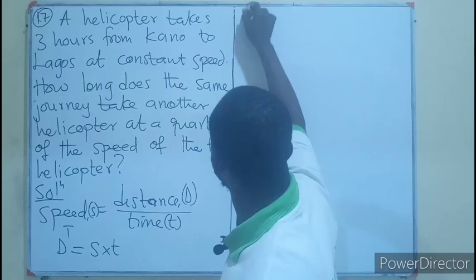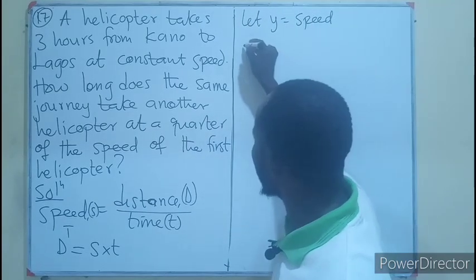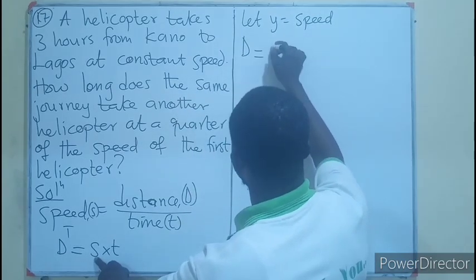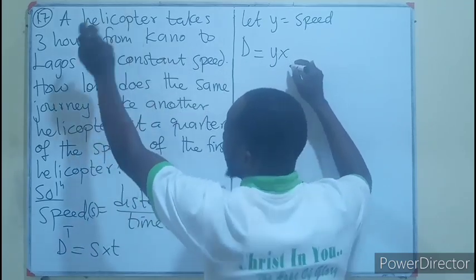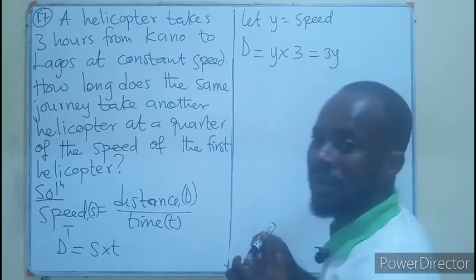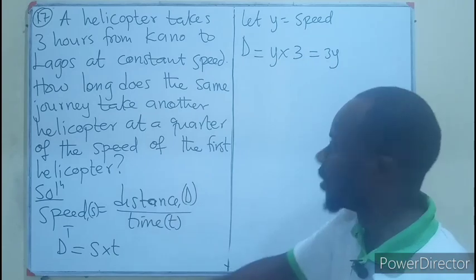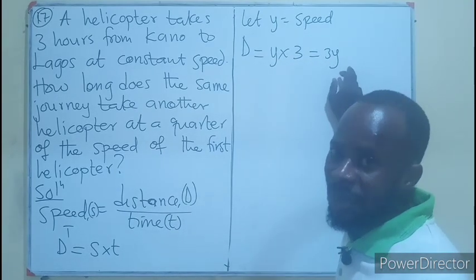So let y equal what? The speed. Then it means your distance is going to be speed, which is y, times time, which is given to us as what? 3 hours. So I'll be using 3 hours. Meaning the distance that the first helicopter covered will be 3y. Y for the speed.